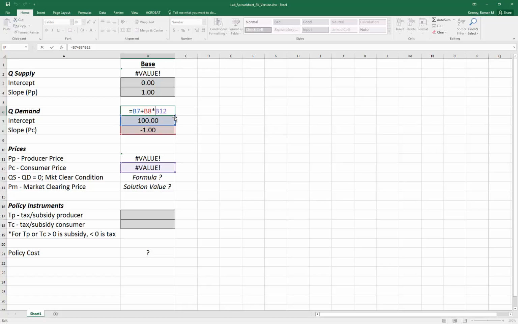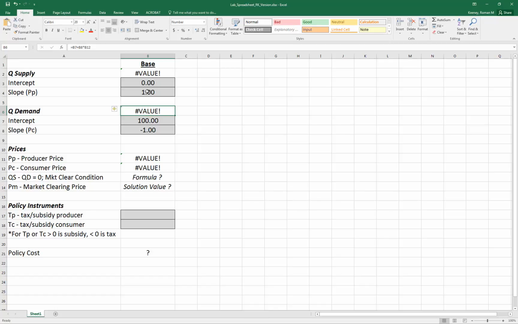And then when I put the value of the slope in, I'm going to give it its negative sign there. Okay, so what we know is that demand needs to be downward sloping. If you always keep the sign with the slope parameter, then it's quite easy to see. And then of course we're going to do some calculations and some algebra in our lectures that will show you the logic of this.